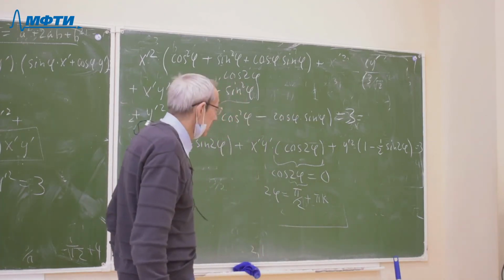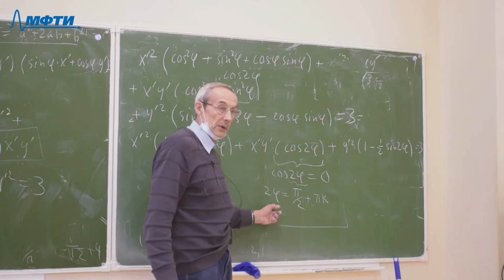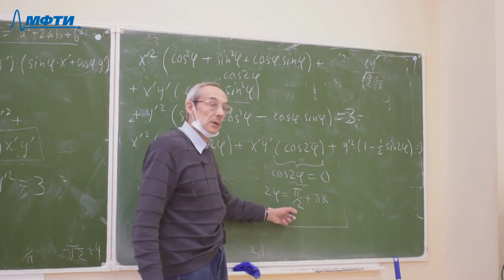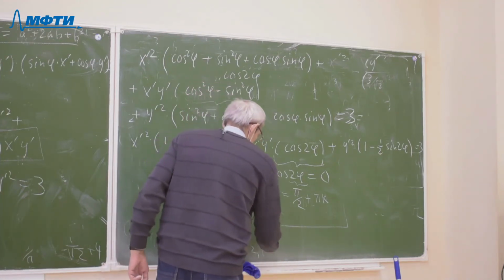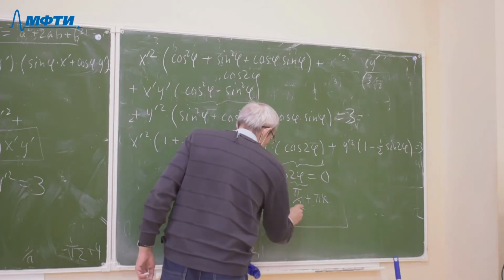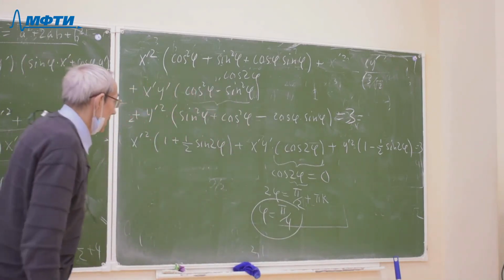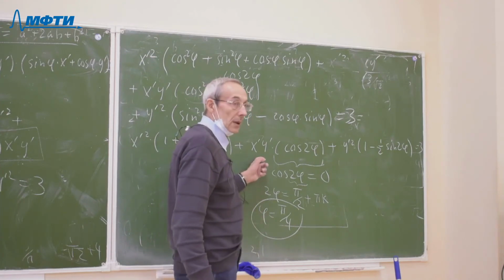For example, we can choose any angle which satisfies this condition. For example, 2 phi is equal to pi over 2, and let's define phi as pi over 4. And this condition kills this term.